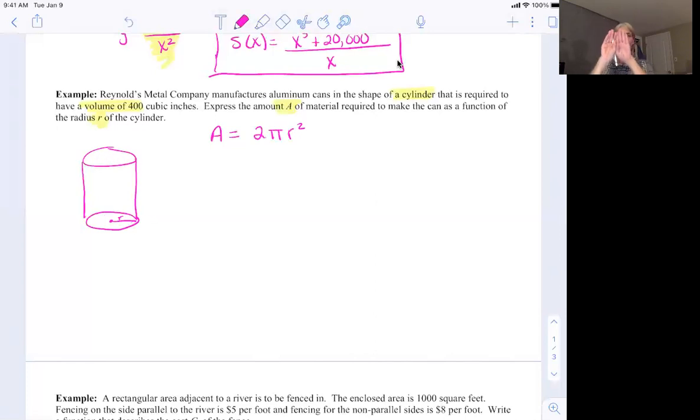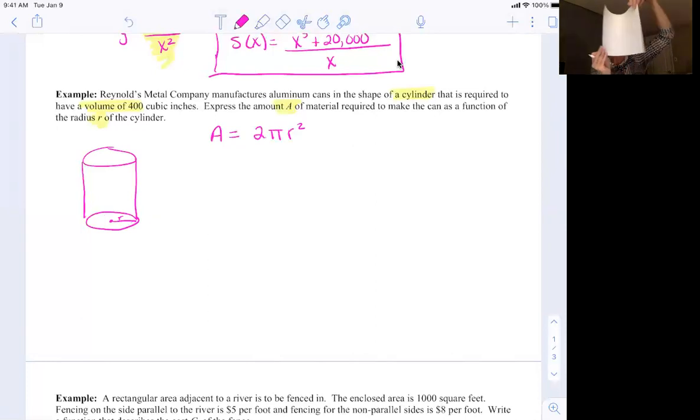Now I have to figure out the wrapping around part. If you could see me, it might be easy to show you with a piece of paper here. If I have this piece of paper and I wrap it in the shape of a cylinder, that looks like a can, right?